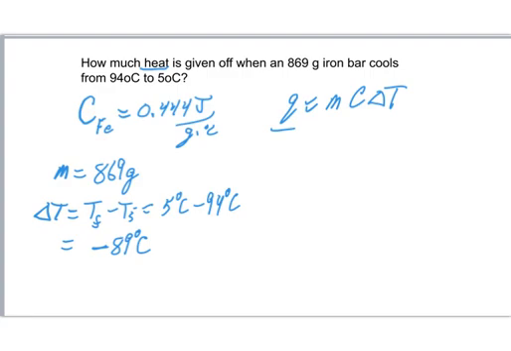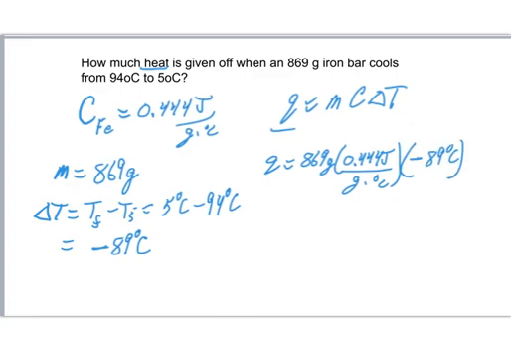Now popping that into our equation, I have Q, which equals 869 grams times 0.444 joules per gram per degree C times my minus 89 degrees C. Degrees C are going to cancel out, the grams are going to cancel out, and you're going to get a value of Q with the correct number of sig figs as minus 34,000 joules.